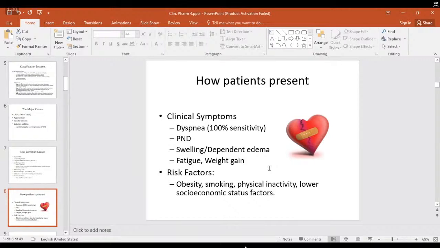This is also a sign of heart failure that has developed and is starting to progress.